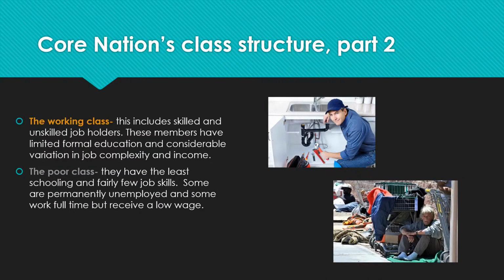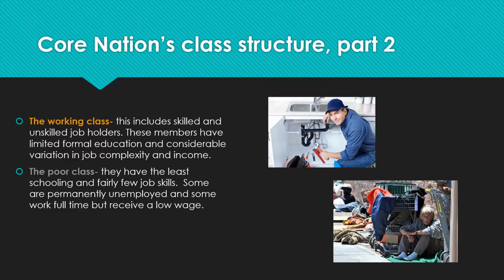Then you have the working class. This includes skilled and unskilled job holders. These members have limited formal education and considerable variation in job complexity and income. These can include carpenters, plumbers, electricians, and welders who are much more skilled and better paid than assembly line workers or custodians. And then lastly, you have the poor class. They have the least schooling and fairly few job skills.